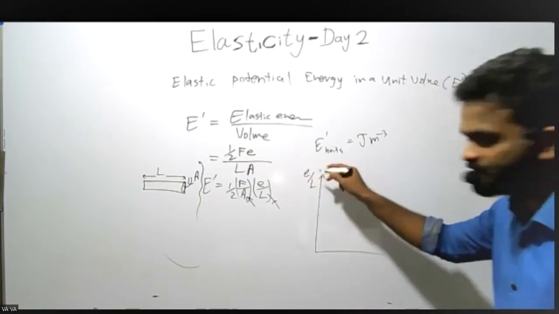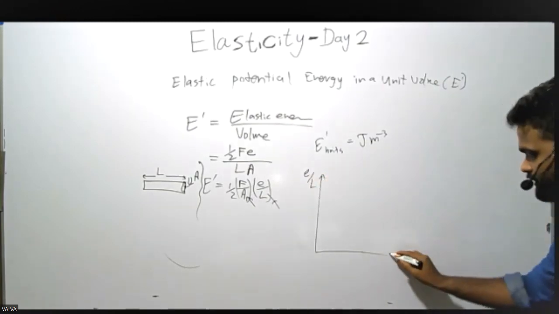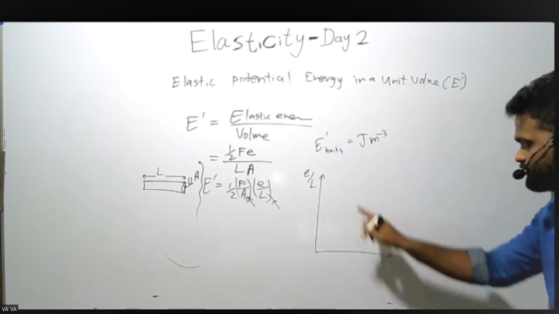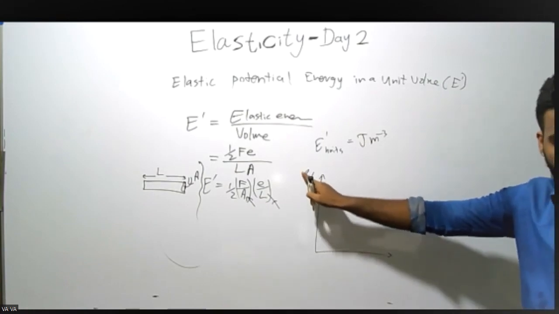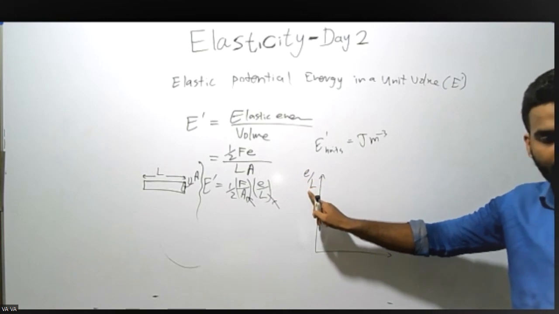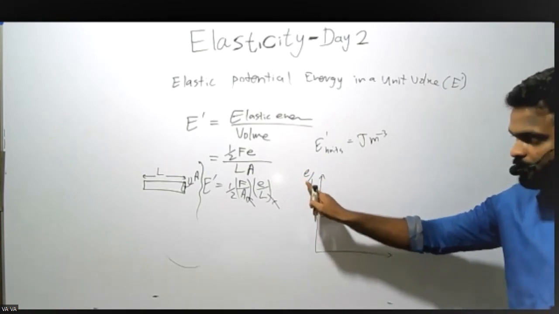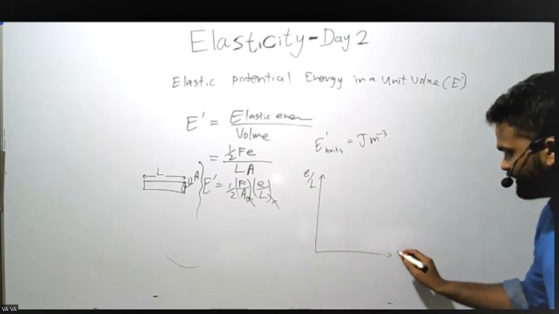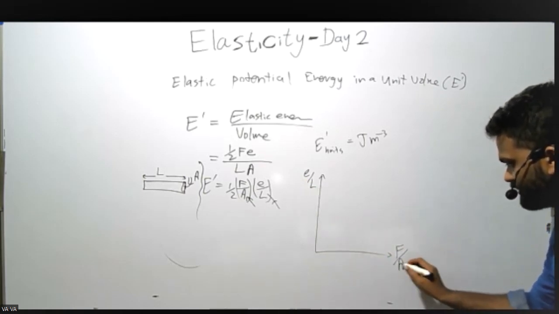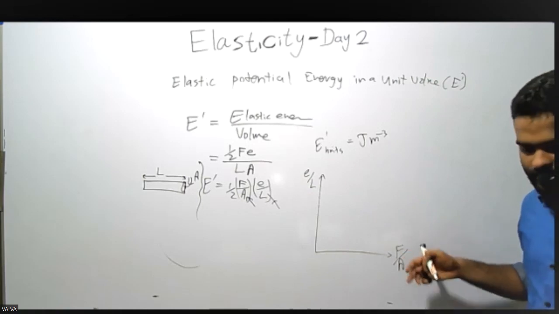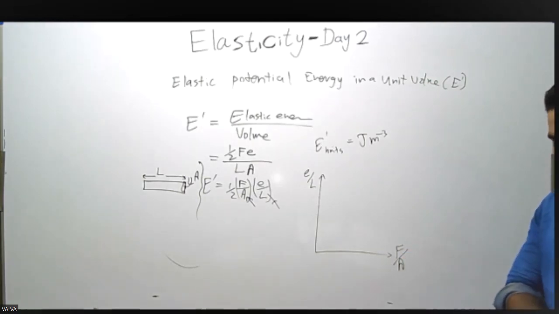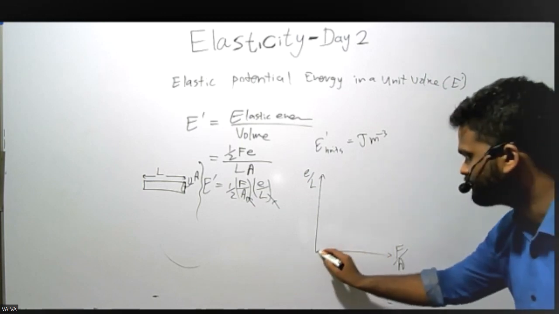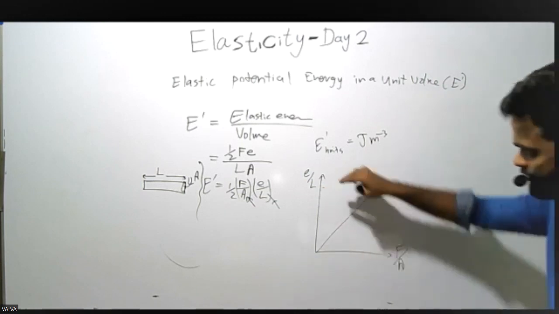We studied this graph. So this is strain. E means extension, L is the length of the wire. So that property is called strain. Then we have stress, force divided by cross section, that is stress. The area of this graph gives us that. So you can flip this one, right?